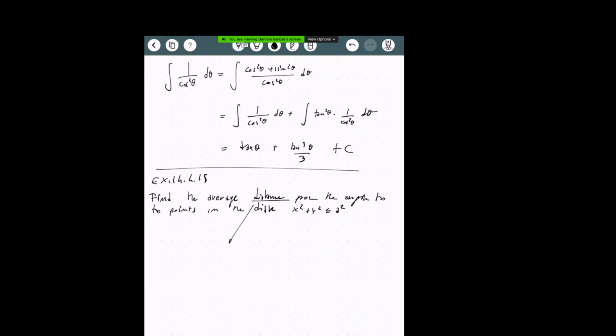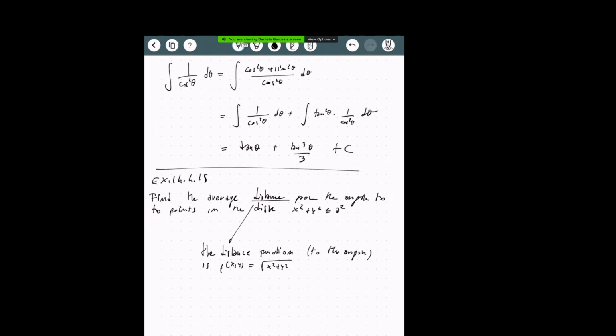What's the distance function? The distance function to the origin is f of xy equal to the square root of x squared plus y squared.